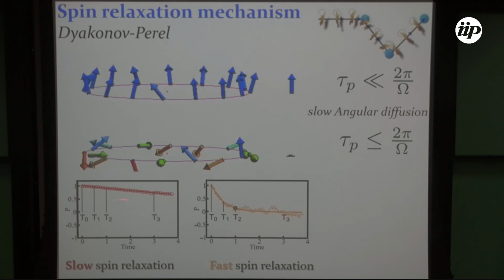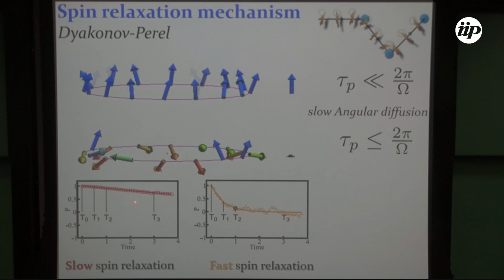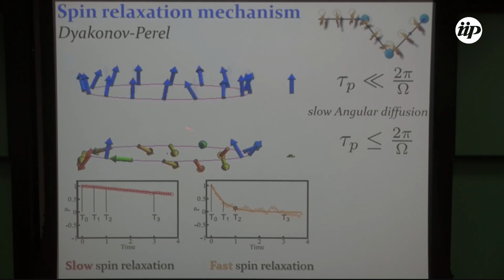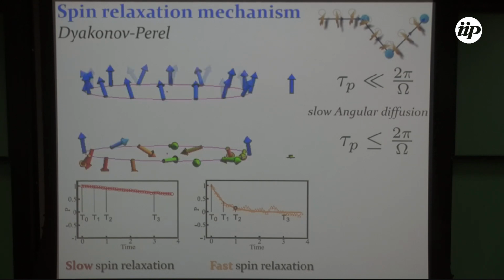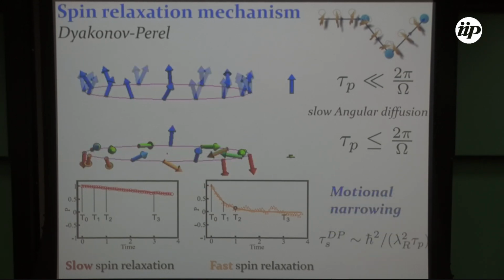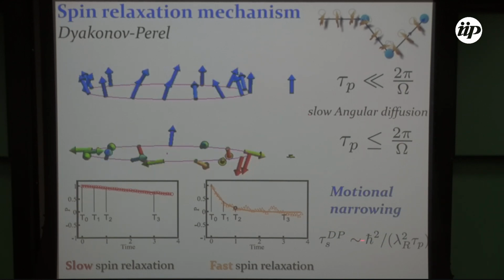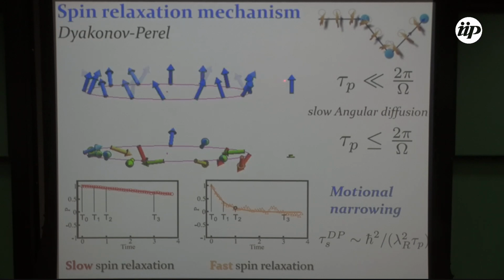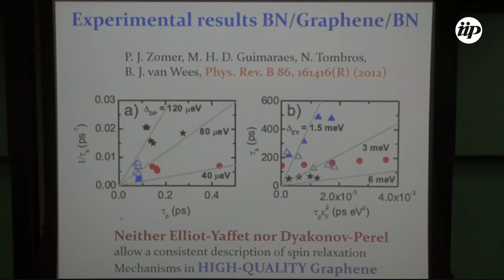So then you look at the ensemble average of the polarization changing in time, and you will see that in this case, your polarization is maintained for a much longer time scale than in the other case, where it decays faster. So that's the so-called motional narrowing, and that explains these kinds of things. The faster the scattering, the longer the spin lifetime.